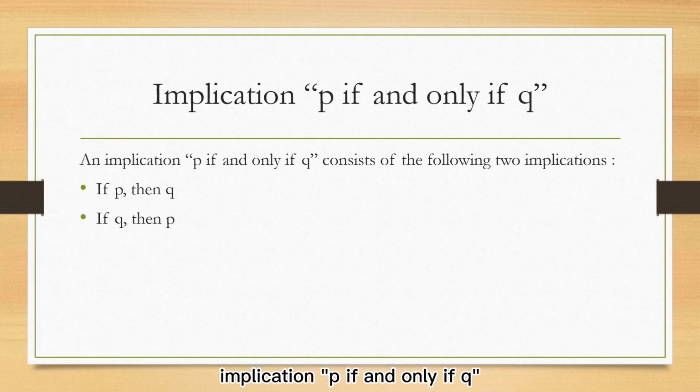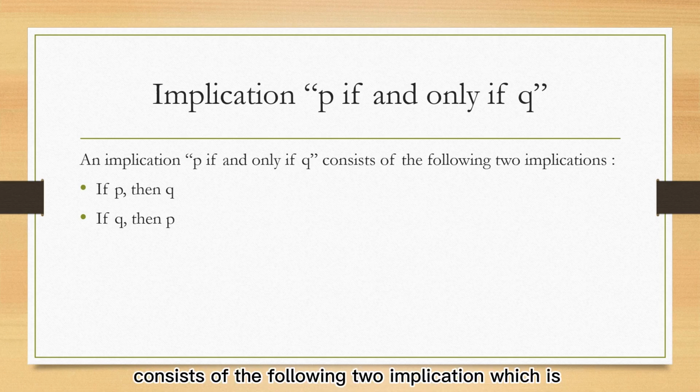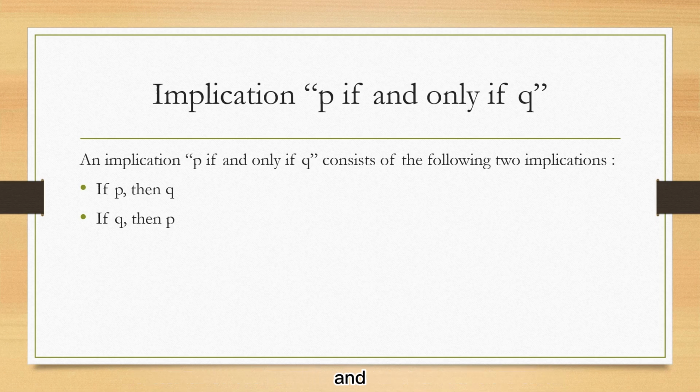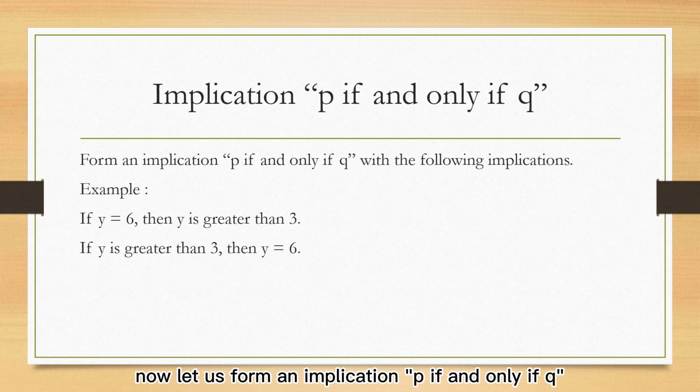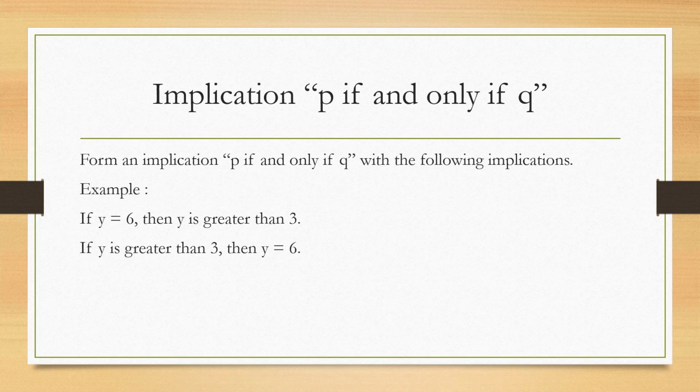After that, the implication P if and only if Q. This implication P if and only if Q consists of the following two implications, which are if P then Q and if Q then P. Now let us form an implication P if and only if Q with the following implications.